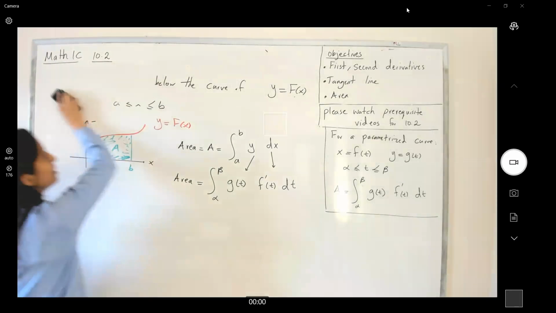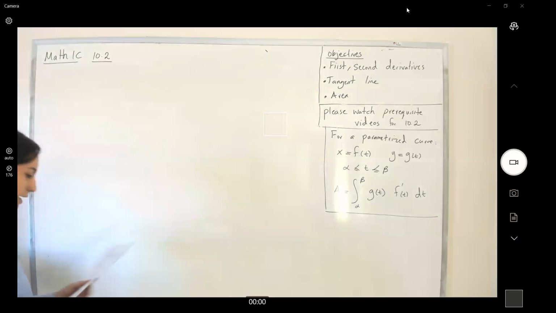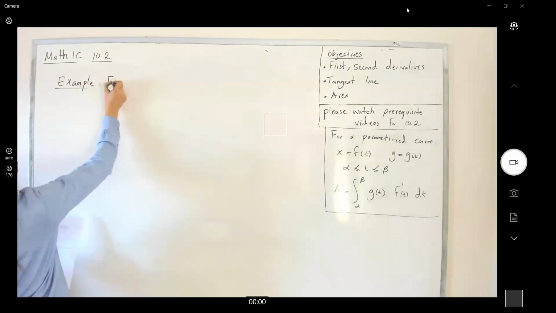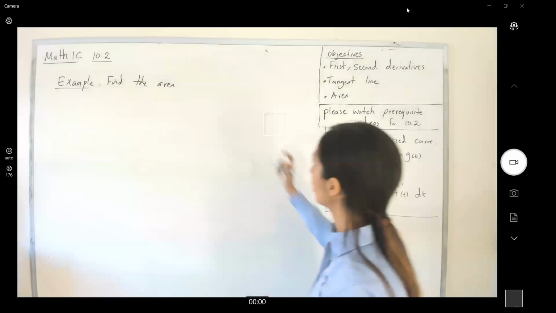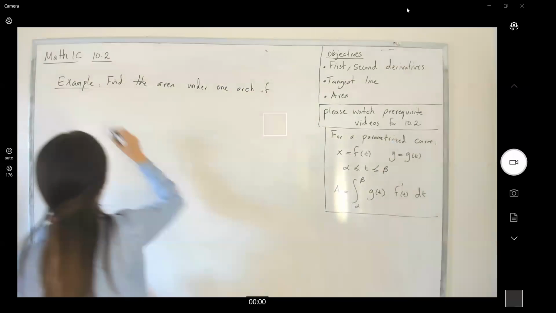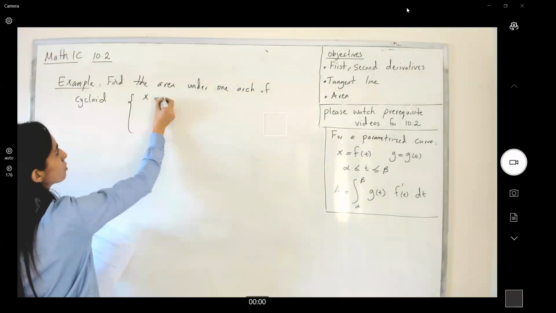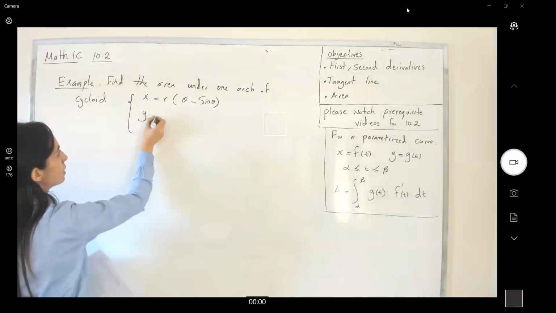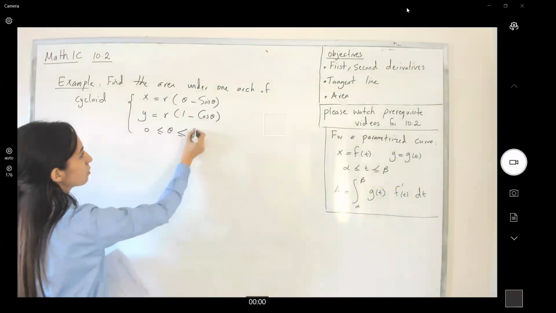One example for you. Example says, find the area under one arc of a cycloid, which is defined as x equals r theta minus sine theta, and y equals r times 1 minus cosine theta, and theta is in between 0 to 2 pi.